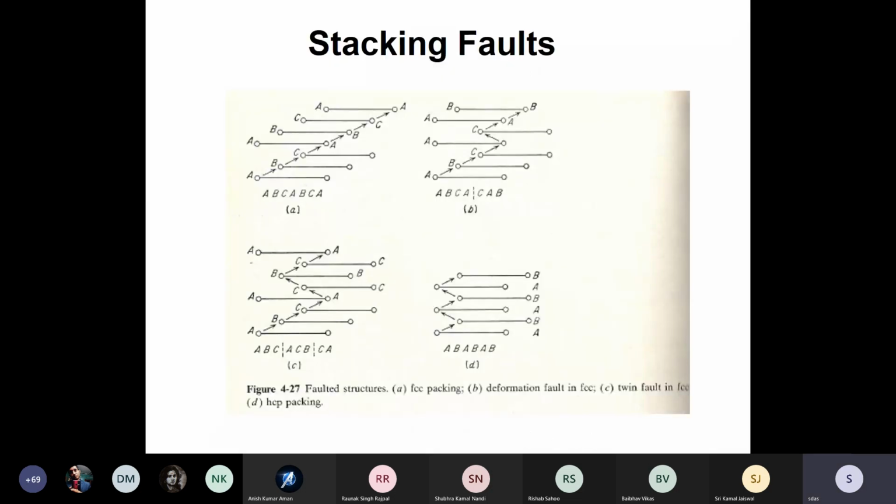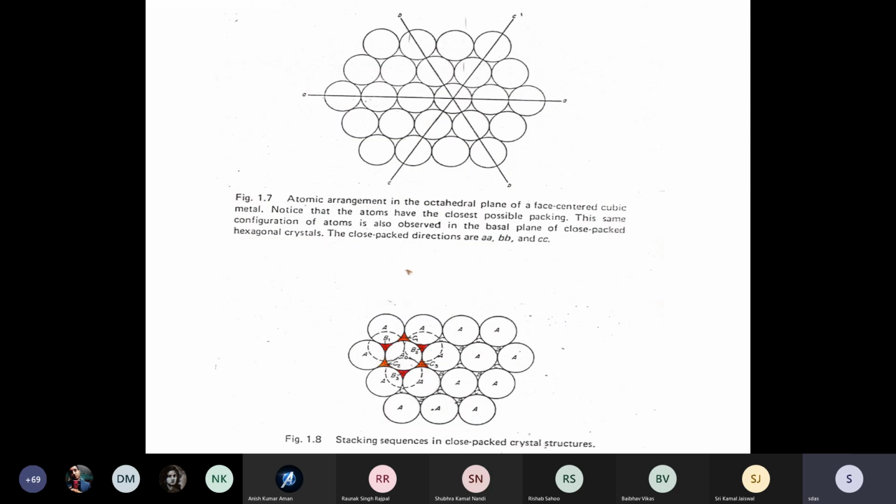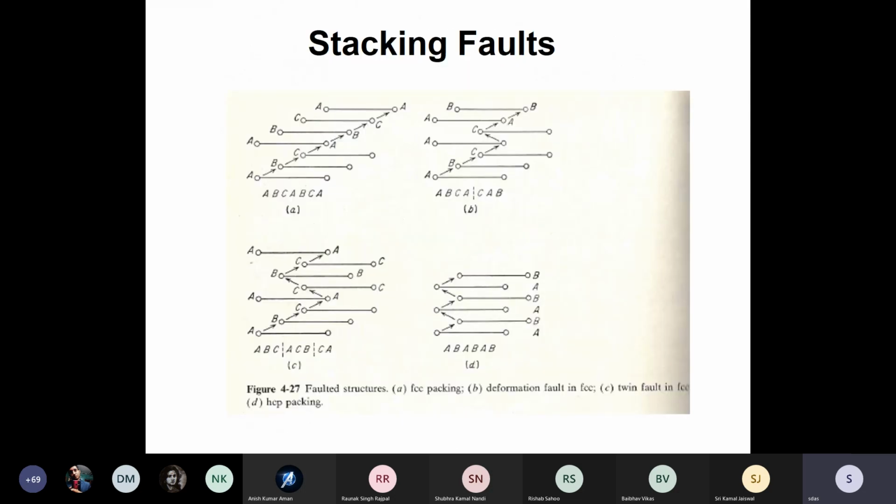Now stacking fault is a defect when the stacking sequence of ABC of FCC gets affected. Instead of ABC, suddenly it becomes AC. So the stacking sequence of FCC or HCP, when there is a defect in it, that is called a stacking fault.